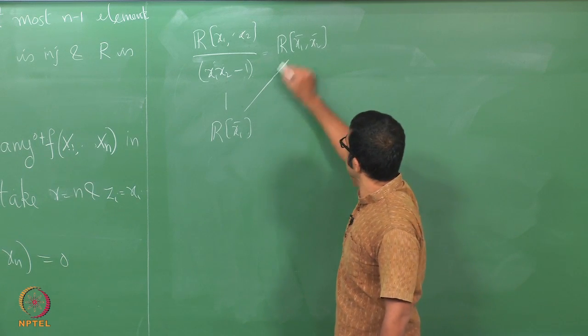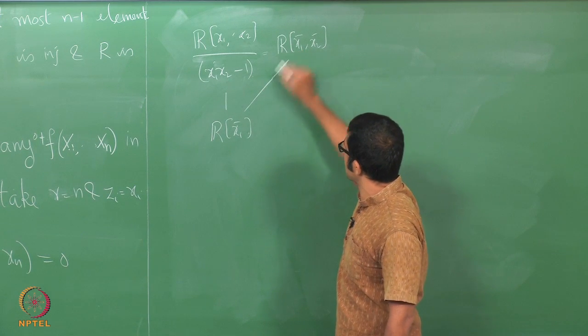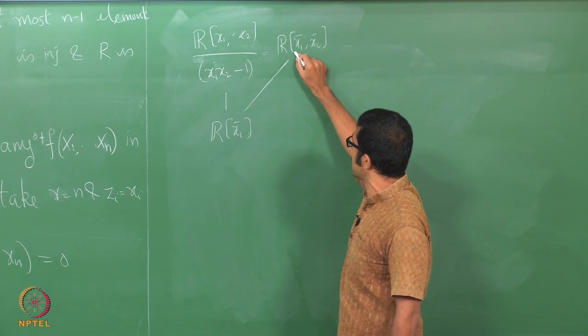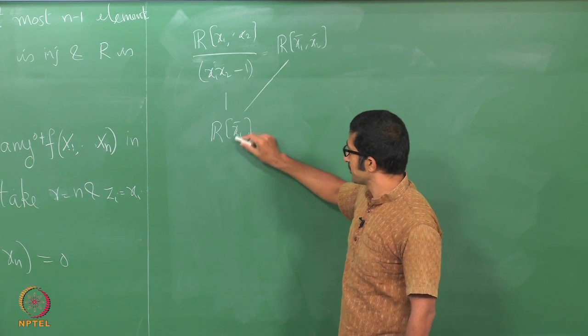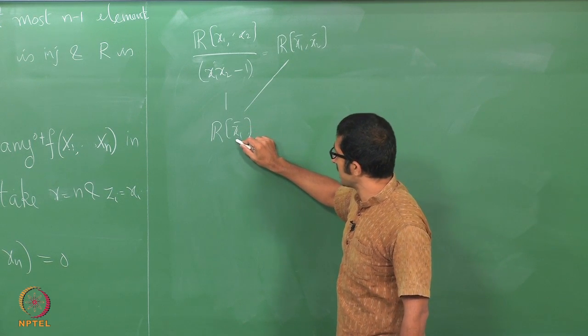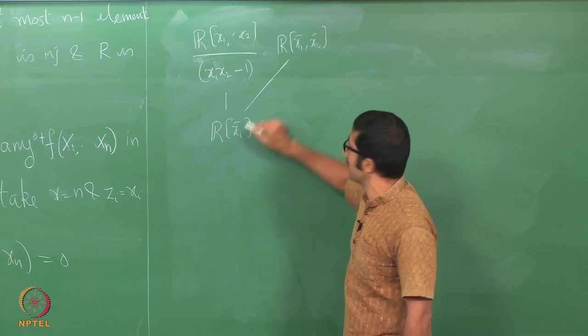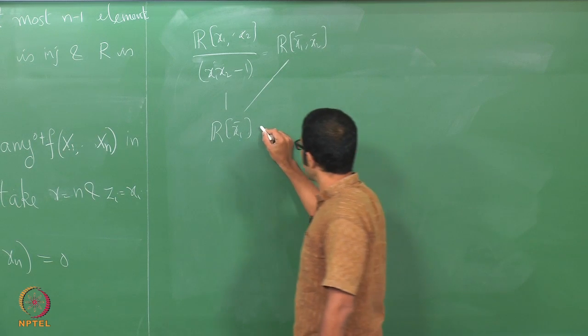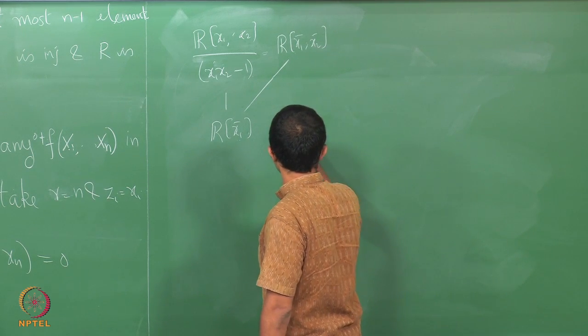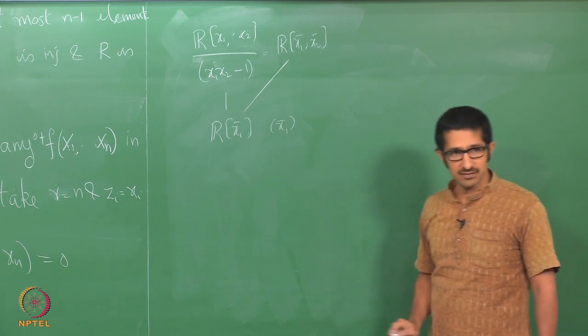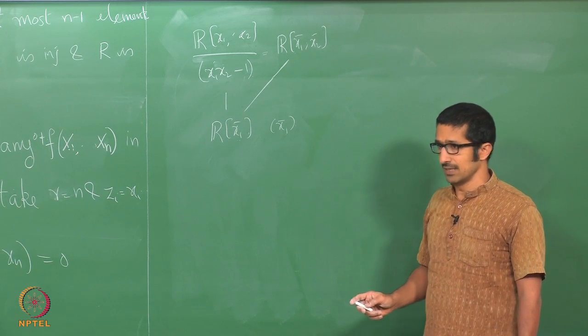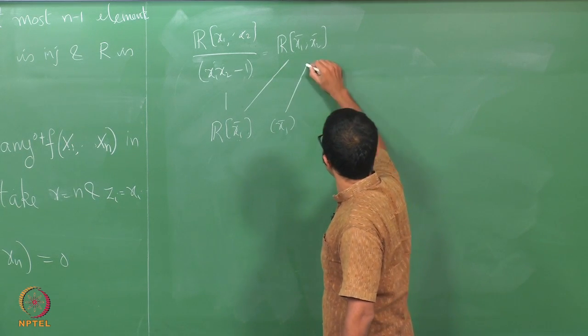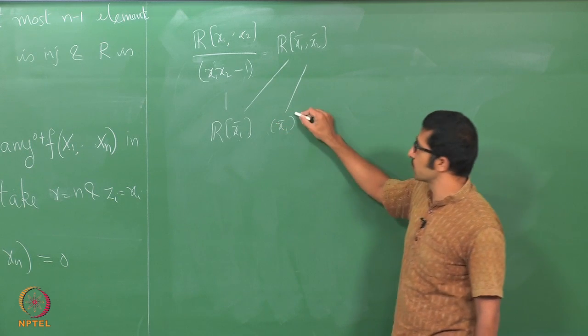If this is integral, then given any prime ideal here, I will have a prime ideal here containing the given prime ideal. But then I do not have a prime ideal here containing x1 bar.